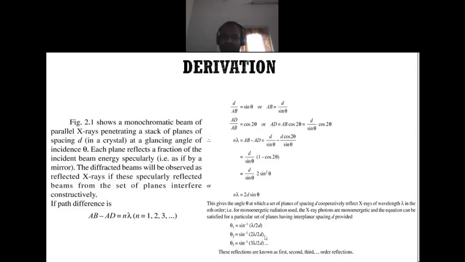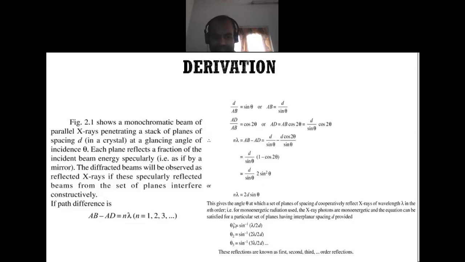For second order diffraction, n equal to 2, and for third order diffraction, n equal to 3. These reflections are known as first, second, and third order reflections. You can also write higher orders, fourth order, nth order. Nth order is this one. And that is basically Bragg's law.